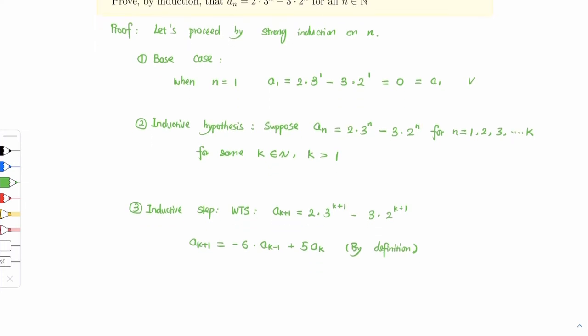So in this case we can know what a k minus 1 is now, because you can use your inductive hypothesis, putting k minus 1 here.